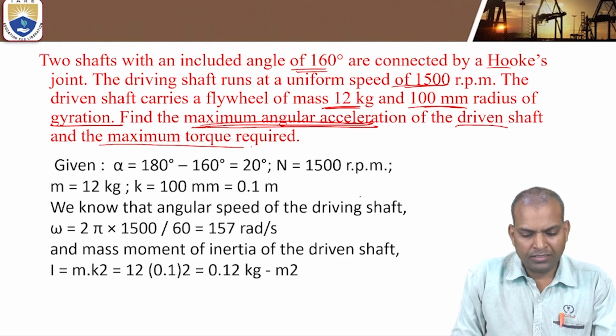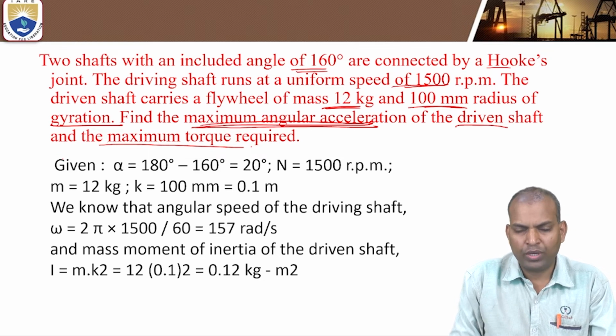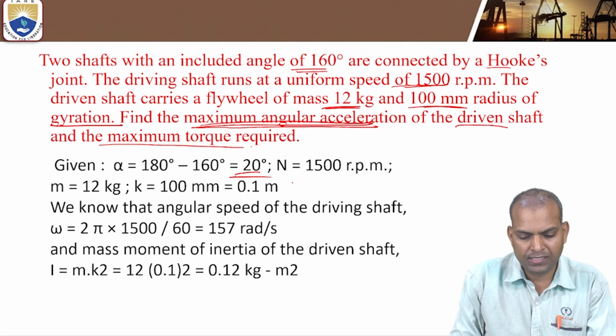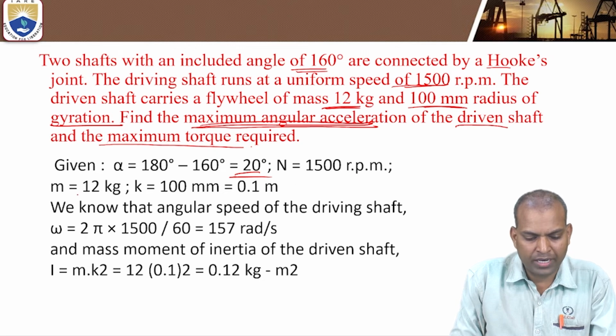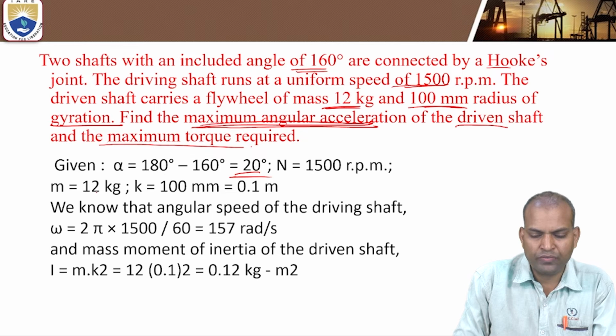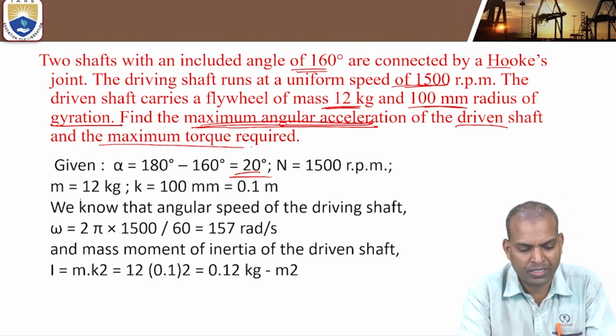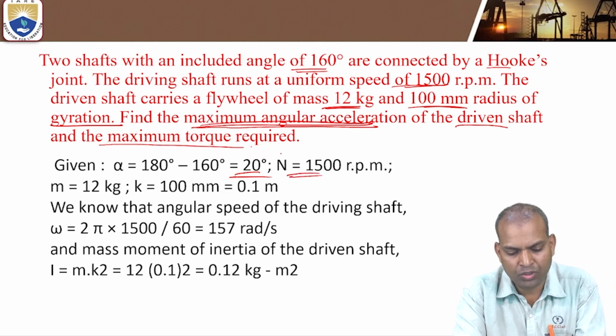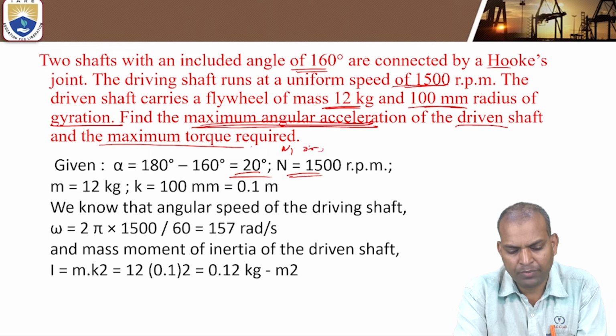Now, in the given data, the two shafts have an included angle of 160 degrees, that means α equals 180 minus 160, that is 20 degrees, connected by a Hooke's joint. The driving shaft runs at a uniform speed of 1500 revolutions per minute, that is N1, or in some other books N, that is 1500 RPM.